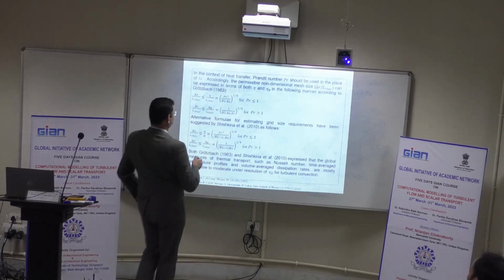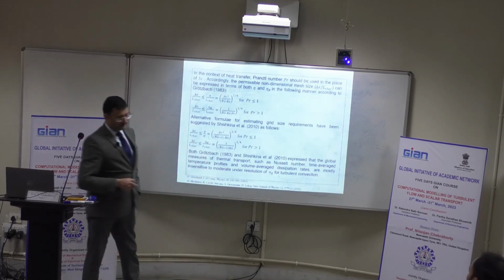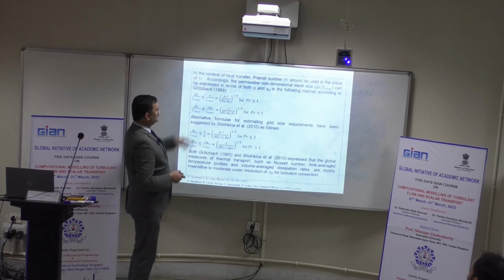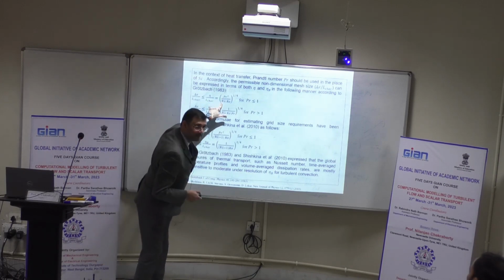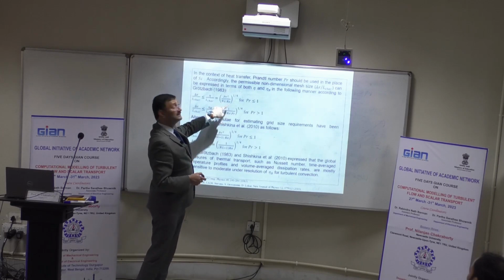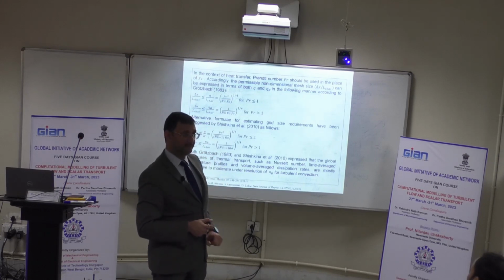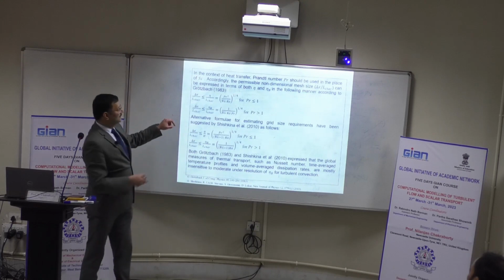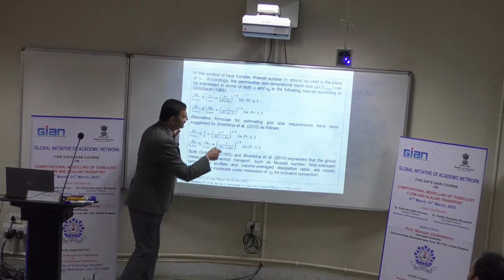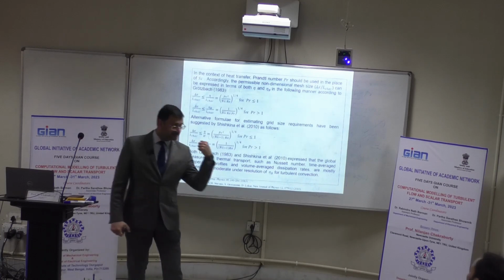And basically that is shown in this manner as a function of Prandtl number, Nusselt number, mean Nusselt number, and this is for natural convection, as a function of Rayleigh number. Okay? And this is valid only when Prandtl number is less than 1, that means I'm talking about gaseous flows.